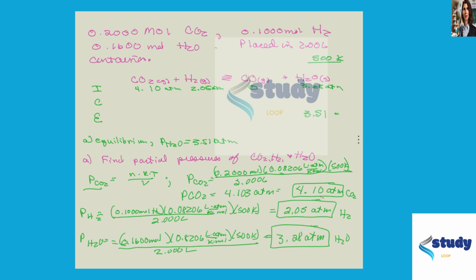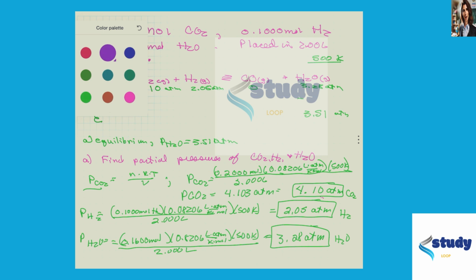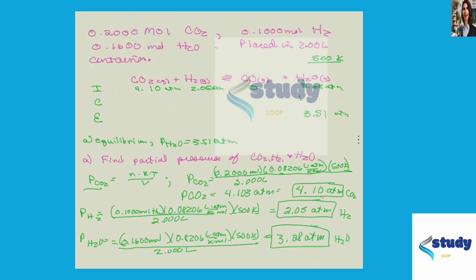So the change will be plus 3.51 minus 3.28, which equals plus 0.23 atmospheres. This will be plus 0.23 atmospheres. This will be minus 0.23, and this will be minus 0.23.